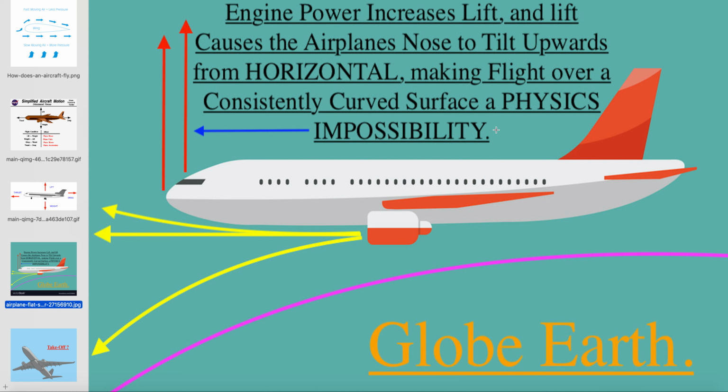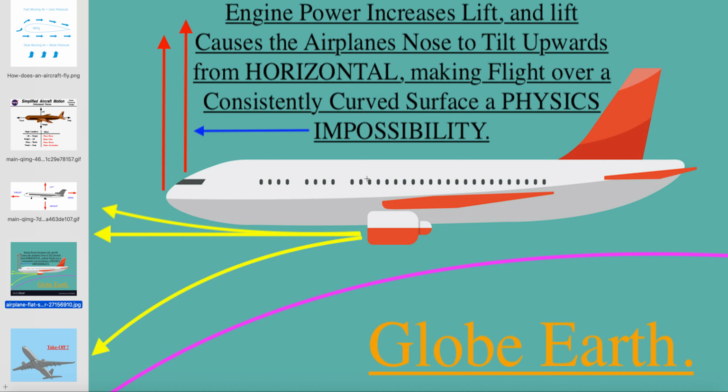All the gravity belief in the world won't change the physics of the situation. The nose has to tilt above horizontal, so it cannot be flying around something that is falling away from it at magnitudes underneath. It can't be doing that, because as I said, it's not just drop. A plane can drop in altitude, but it still won't be changing its position.